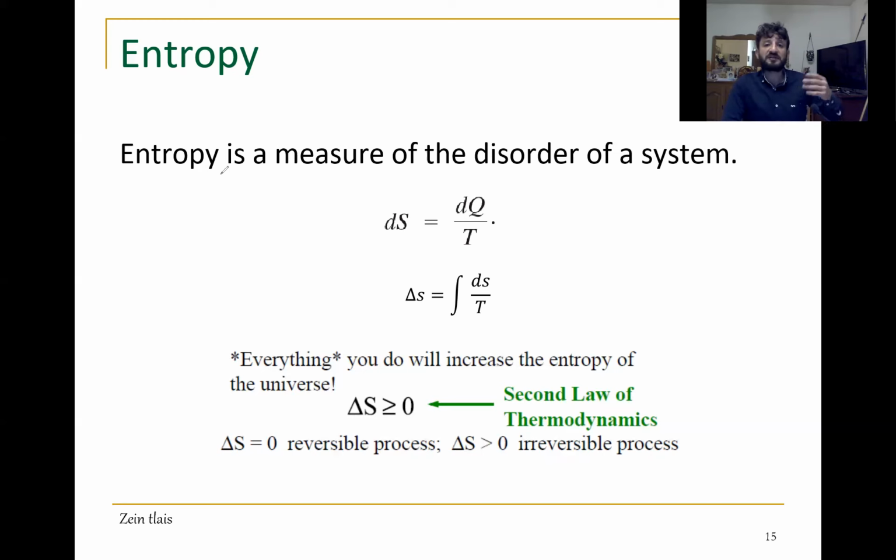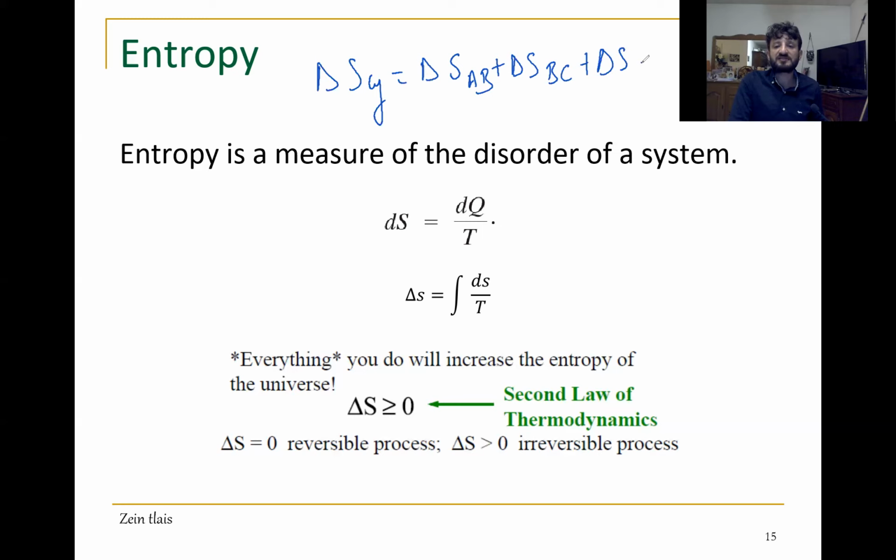If we have a cycle A, B, C, D, A, for example, or A, B, C, A, delta S of any cycle equals the summation of the entropy of each path. For example, for A, B, C, A, it equals delta S AB plus delta S BC plus delta S CA, and so on. And we can calculate delta S.